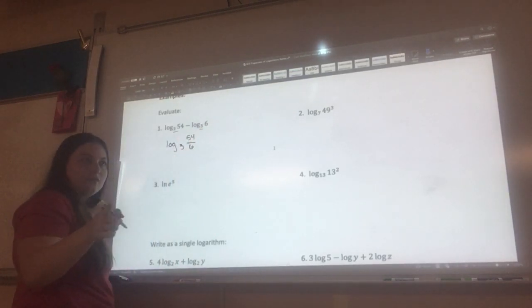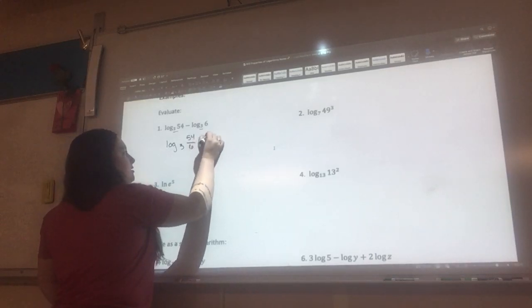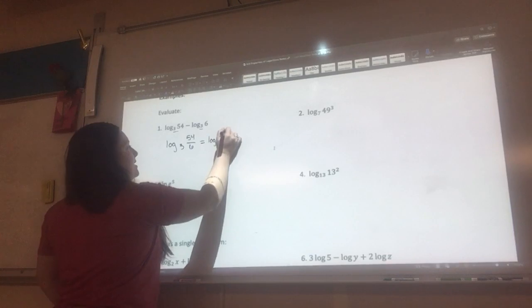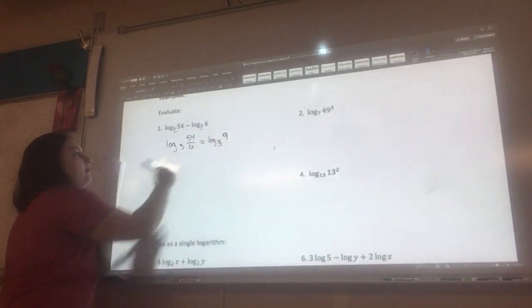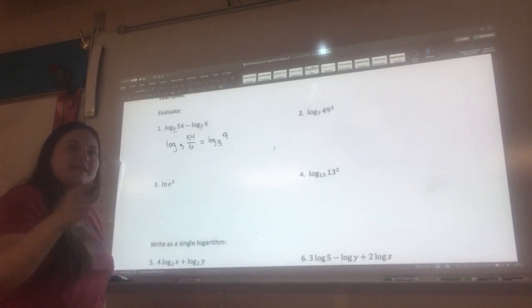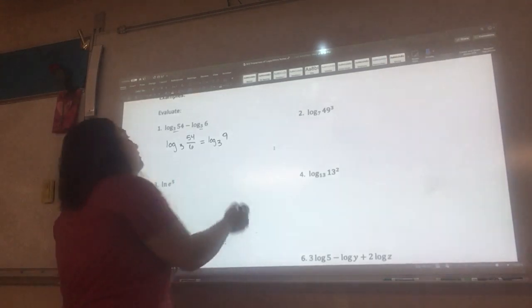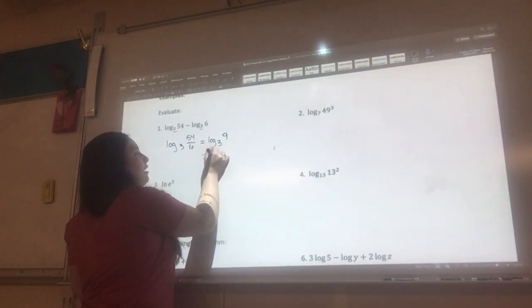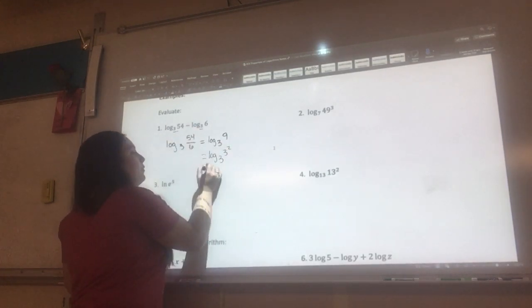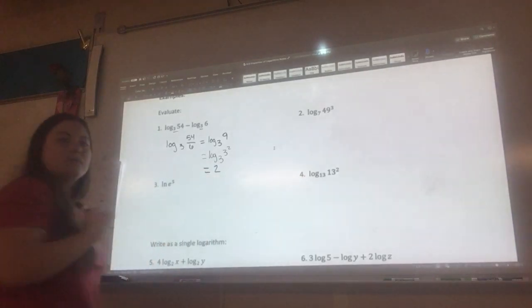Okay, so that's helpful. Well, what is 54 divided by 6? It's 9. Can I now transfer 9 to have a base of 3? Yes. So this is the same thing as saying log base 3 of 3 squared. So our answer to number 1 is 2.